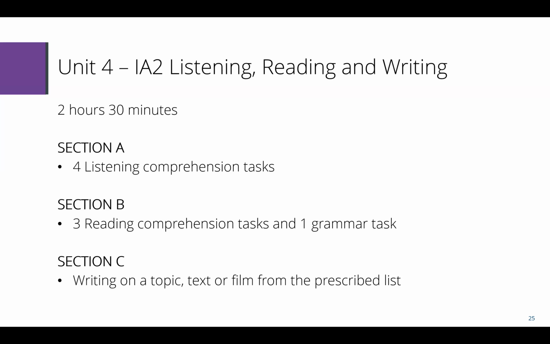And then we come on to section C, which is the writing, and this is where it's actually quite different to Unit 2. Here you will have chosen, some significant or considerable time before, 1 out of 3 types of thing. The first type is a topic. And you can look at the exemplar question 4 in the pack, and you will see that you have the option of choosing geography, or you can choose history.